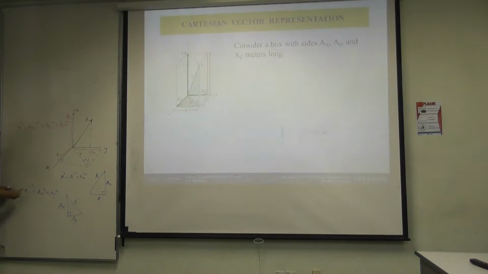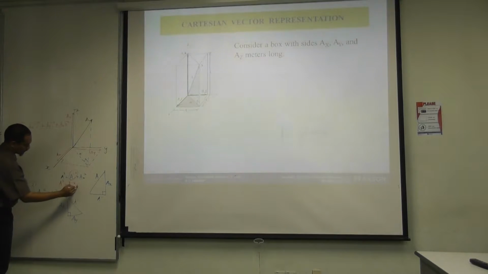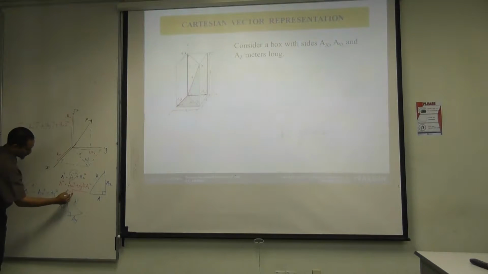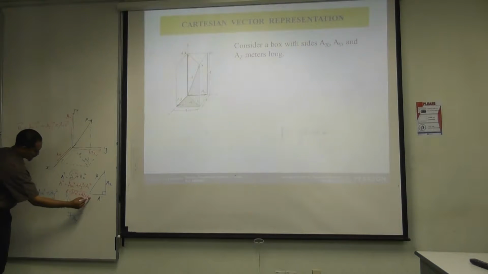And actually the whole thing of A prime squared can be just plugged in here, right? If you plug in, you get A squared equal to Ax squared plus Ay squared plus Az squared. So if you want to get A, it's simply the square root of Ax squared plus Ay squared plus Az squared.